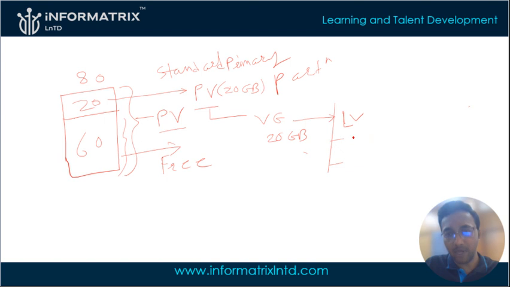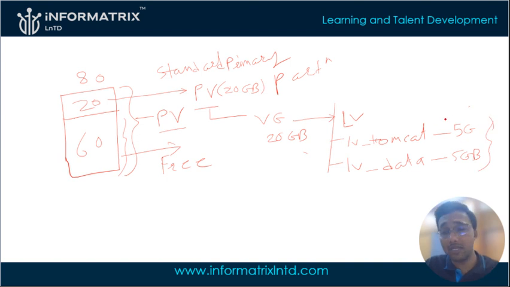I have a requirement for installing Tomcat, so I am creating an LVM called lv_tomcat. The second LVM I am going to create is just to store data, lv_data, just a name I have given. Out of 20 GB, I created this LVM with 5 GB and the next LVM with 5 GB.